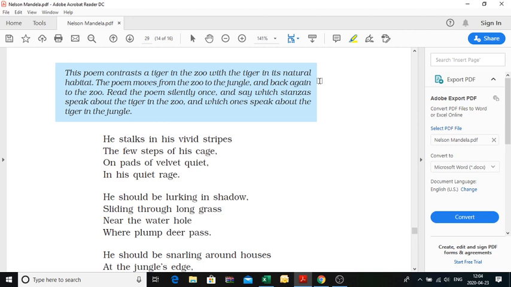Read the poem silently once and say which stanzas speak about the tiger in the zoo and which ones speak about the tiger in the jungle, right? So there are 2 settings of the poem, beta. One is telling us about the condition of the tiger in the zoo, and the second is telling us how he lives in the jungle. So you just check out these stanzas.